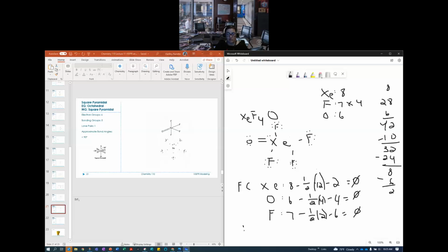Let's talk about our electron geometry and our molecular geometry, and then I'll put my bond angles up here. So our electron geometry, I still have 1, 2, 3, 4, 5, 6 things that I need to account for around this. That means I'm still looking at an octahedral base because there's still 6.